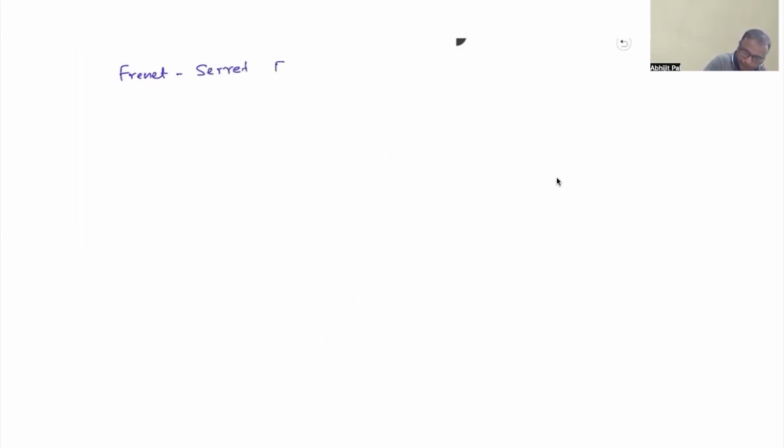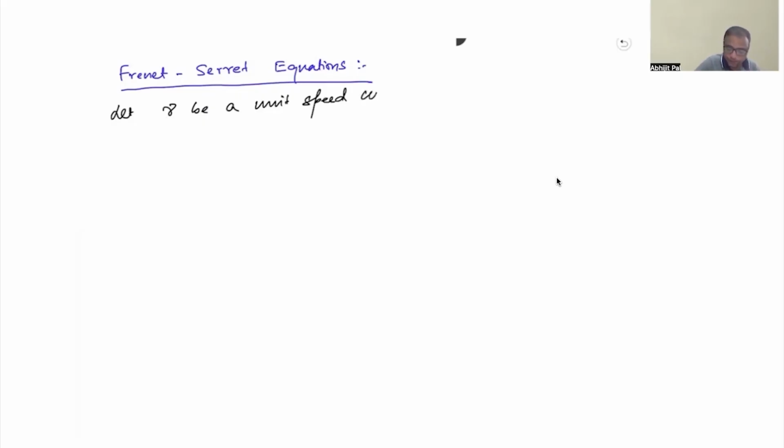So let gamma be a unit speed curve in R3 and the curvature is not equal to 0.